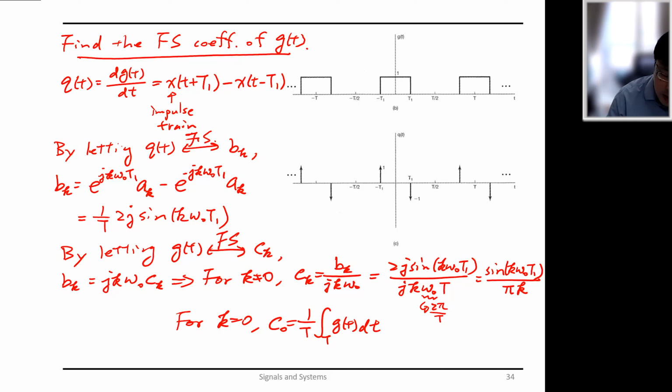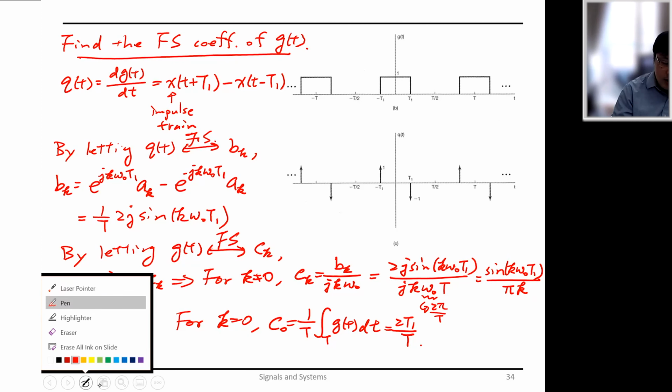Okay, and this is simply 2t1 over capital T. So if you compare with the result that we obtained, for example, in example 3.5, you will see that this is the same as we obtained there.